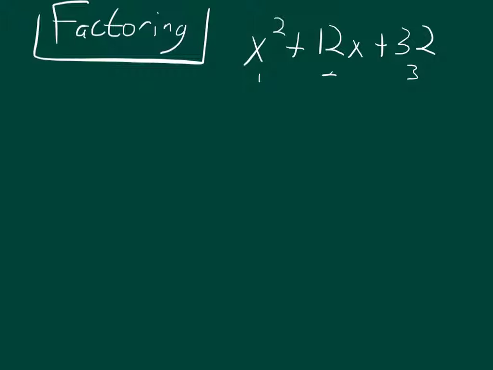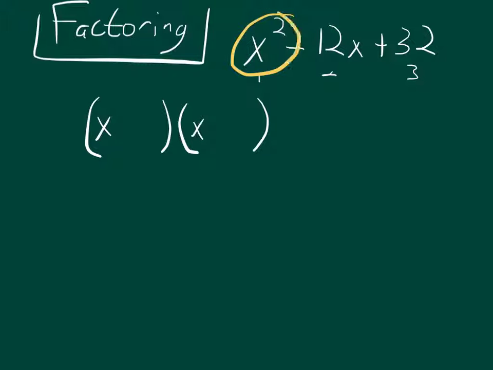So your first clue should always be to set up two pairs. It should always be an x and another x, because you know you're going to have two x's because you've got x squared right here at the top. Pretty simple. So that's where we get started.